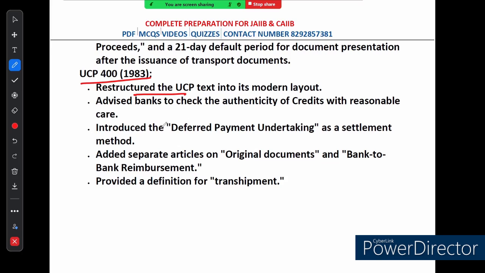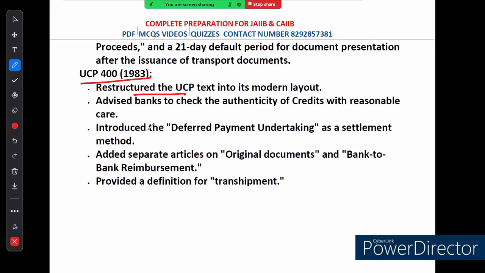While specifics are not covered in this particular video, it is important to note that each update brought improvements that made international trade more reliable and efficient. As you can see, each version of the UCP has built upon the last, refining the rules to better support the needs of global trade. In the next slide, we will explore the current UCP 600 guidelines.